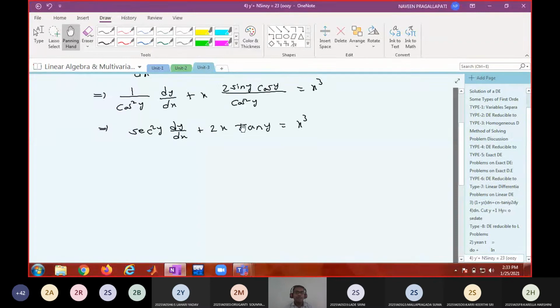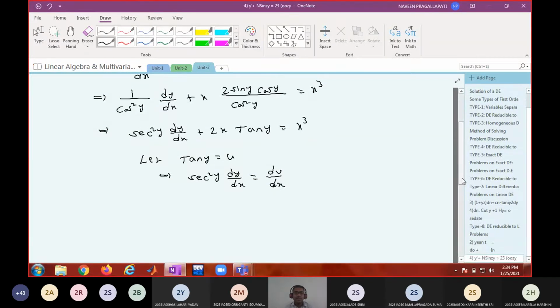Tan y equal to u, and you know the derivative of tan y is secant square y. So let tan y equal to u. So this implies that secant square y dy by dx equal to du by dx.